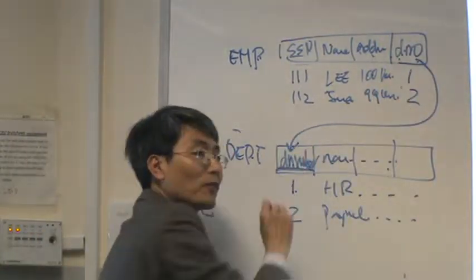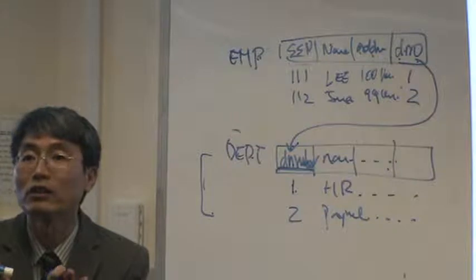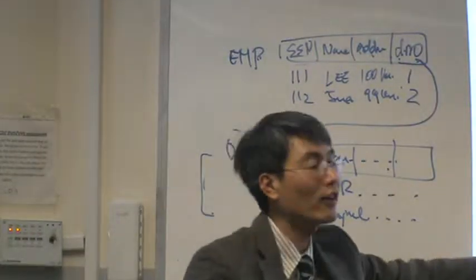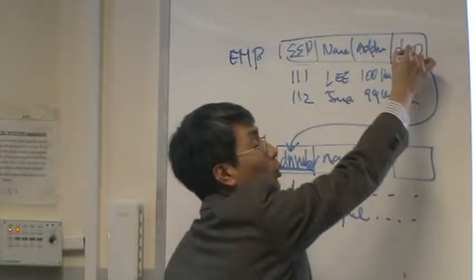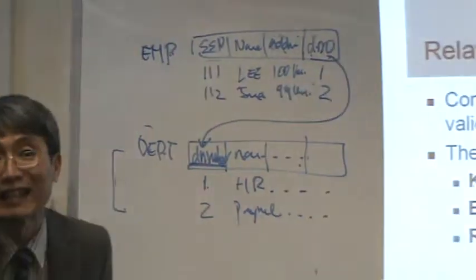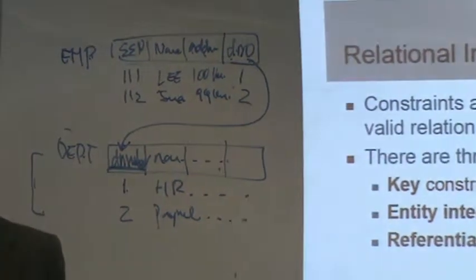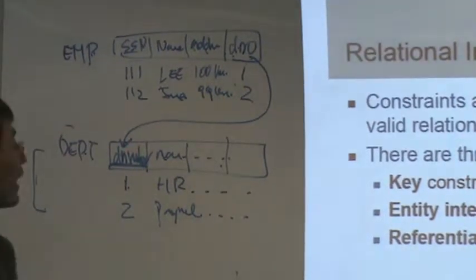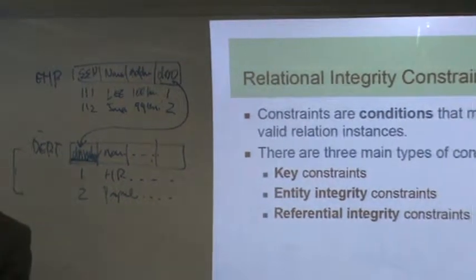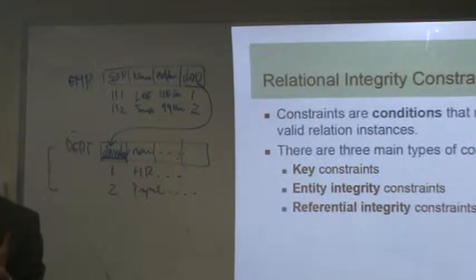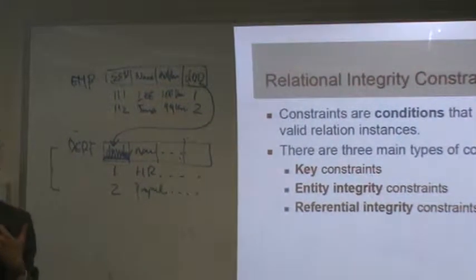This kind of constraint is called referential integrity. So this attribute is called the referencing attribute, referencing column, and this one is called the referenced column.